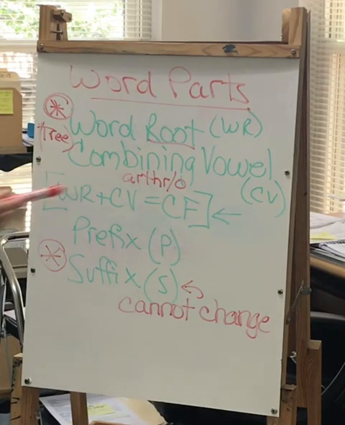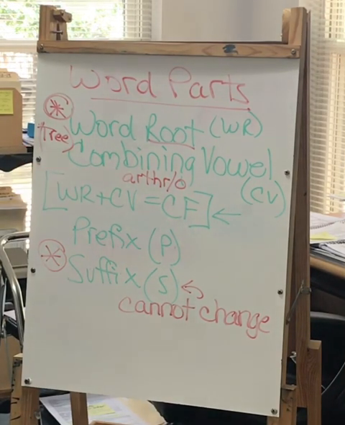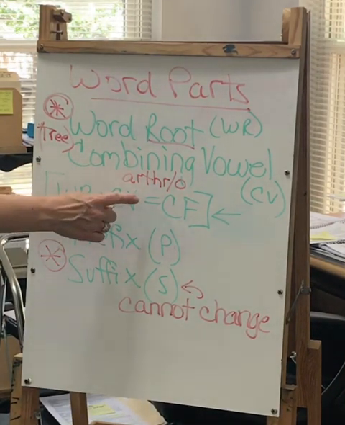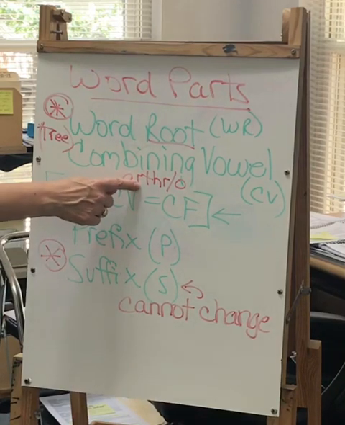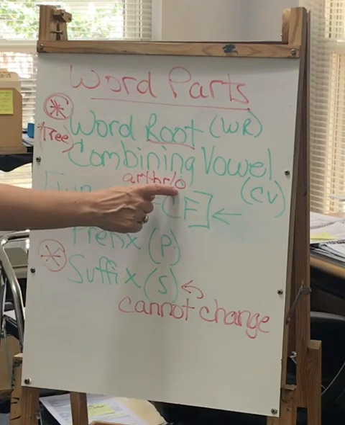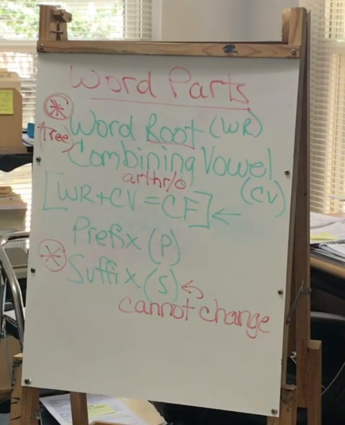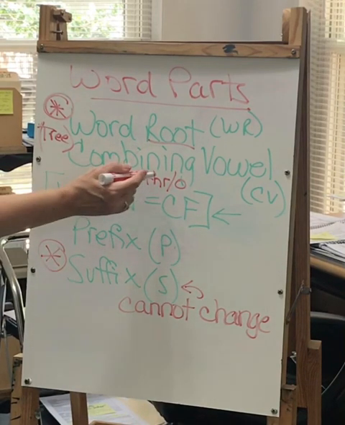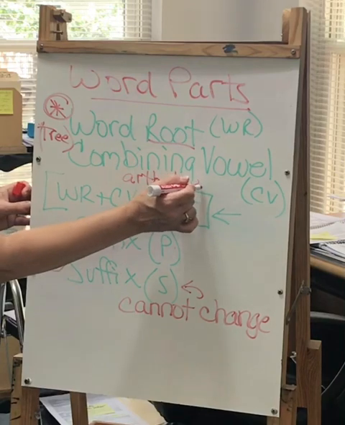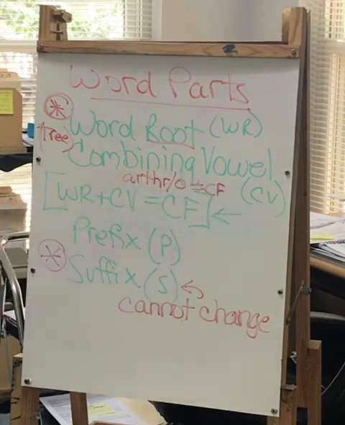When you see this, and this is the way it's presented in the book in every single chapter, it's called a combining form. But what you have to realize is that it's a word root. Arthr is the WR. The O is the combining vowel. Together, they make up the combining form. So Arthr / O is labeled a combining form in your book.